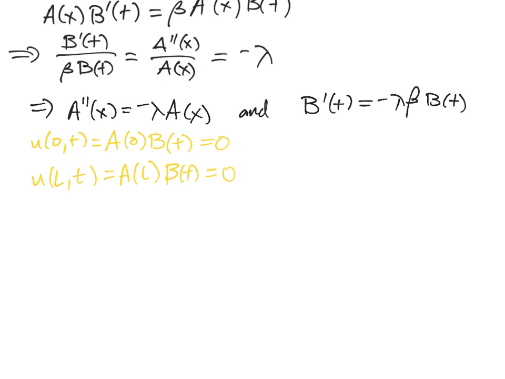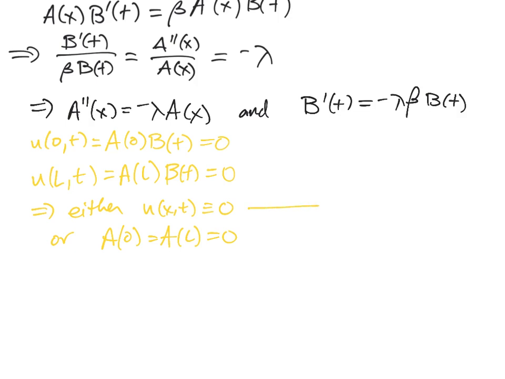And this is going to have to happen for all t. So if a of 0 and a of L are not 0, then that will make b of t, and by extension u of x,t, equal identically to 0. So what we get is either u of x,t is identically equal to 0, or a of 0 and a of L both equal to 0.